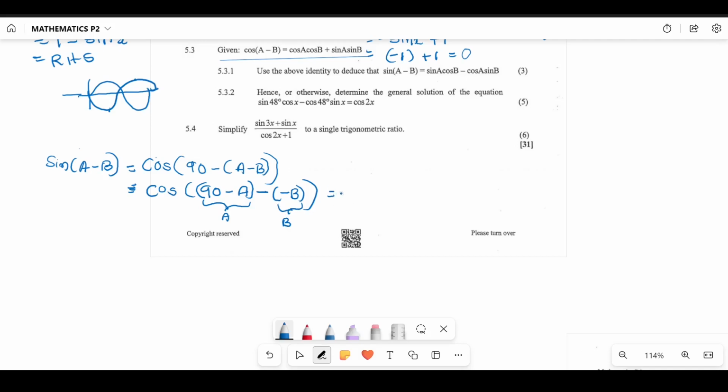Let us apply the formula as given. Cos(a minus b) is cos a cos b plus sin a sin b.